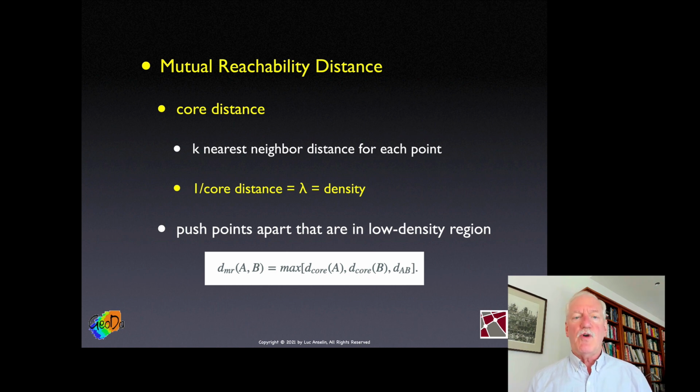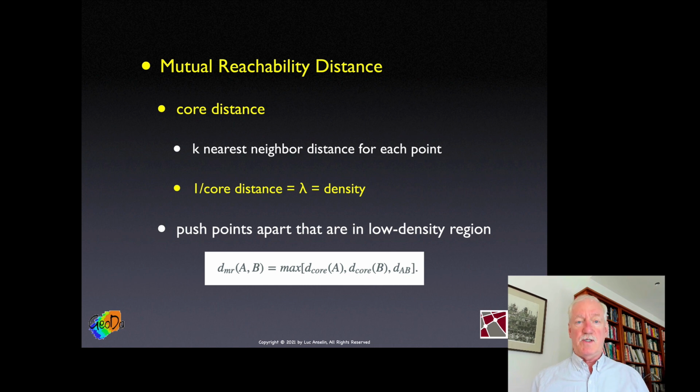So the core distance, rather than being fixed, as it was the case in DBSCAN, now becomes a function of the minimum points criterion. The minimum points criterion is turned into a k nearest neighbor criterion, and the core distance is the distance necessary to reach the kth neighbor.